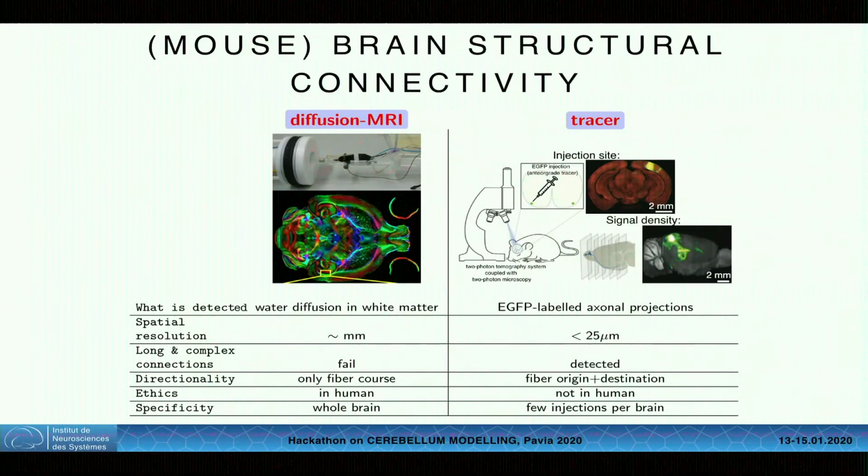It's better because it actually gets the actual links and the connectivity between different regions, while the diffusion MRI uses lots of processing, so it's not really an exact direct link of the connectivity. Using how water molecules behave under the magnetic field, one can assume where the white matter tracts are. And this can fail in the long and complex connectomes, and we don't have directionality. However, it's important because it's the only way we can get connectivity in humans, and it's also individualized.